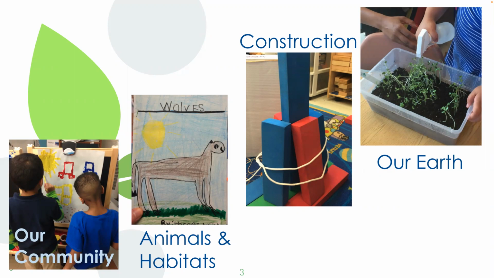And then we moved into the unit of construction, where we thought about construction not only as buildings and construction vehicles, but also as a form and as a way of making things. And here we are at the last unit of study known as Our Earth.